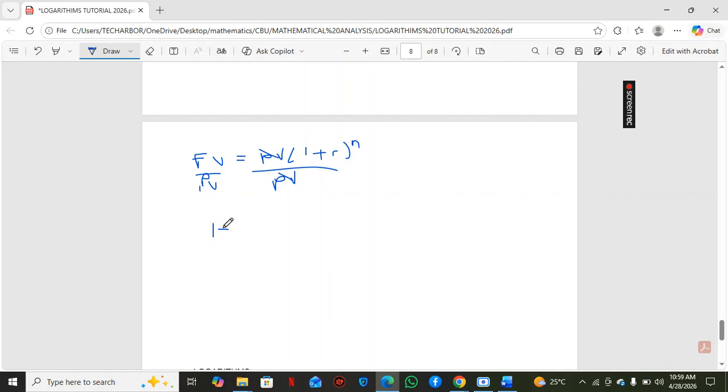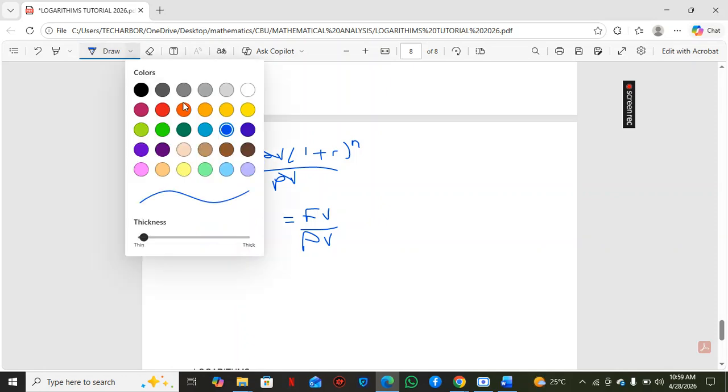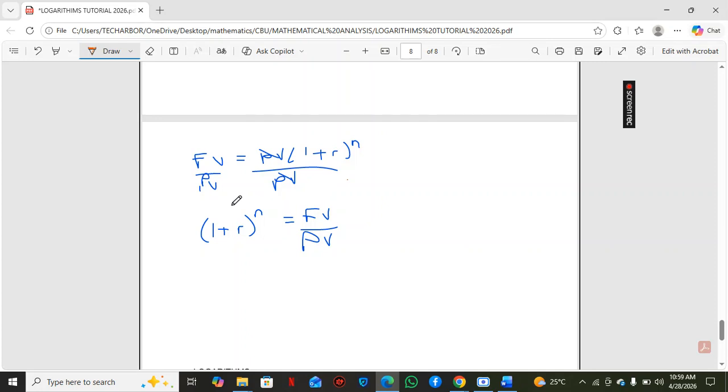So 1 plus r to the power n equals the future value over the present value. We need to get rid of this n. The way we get rid of this n, I'm going to multiply it by the reciprocal.